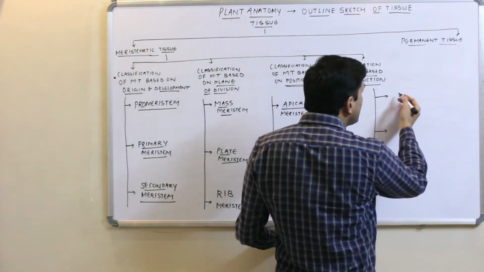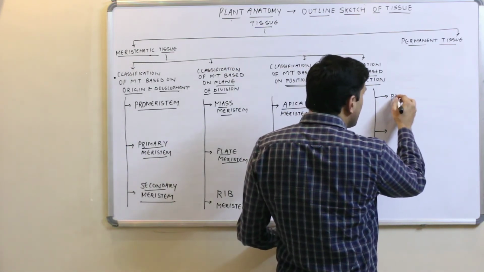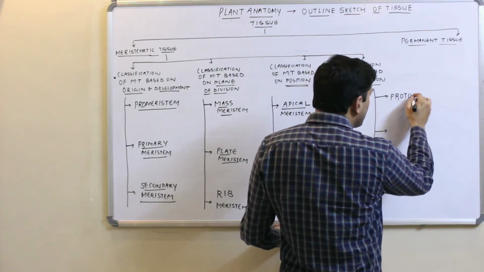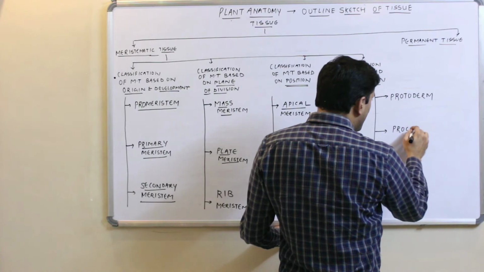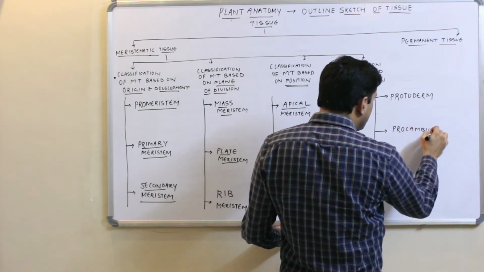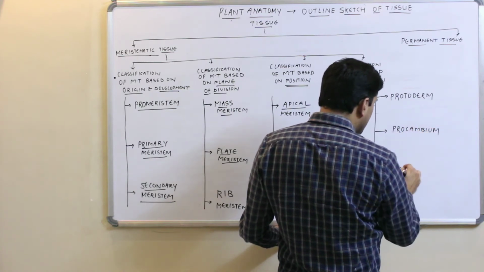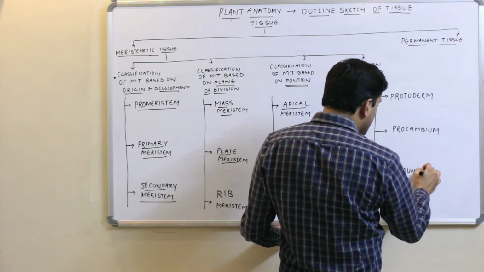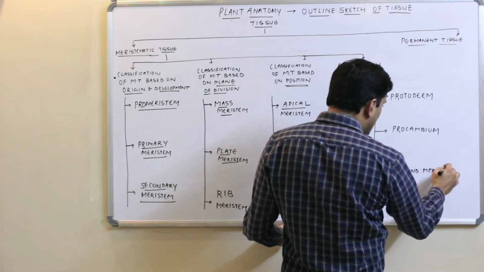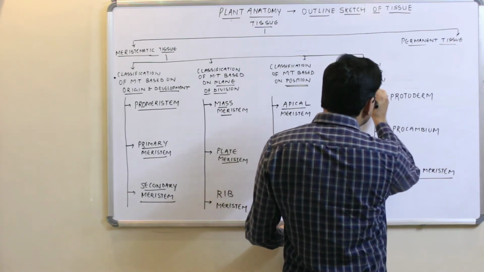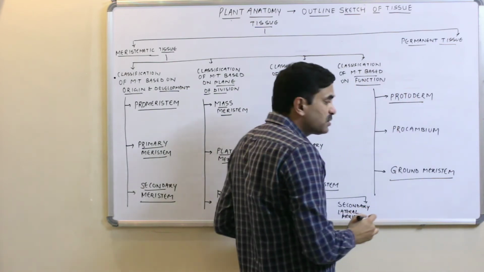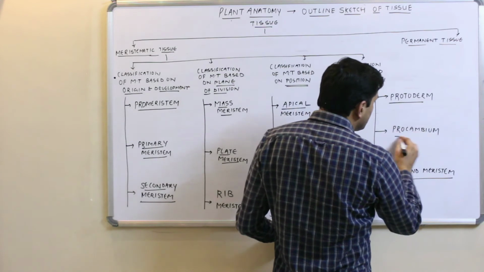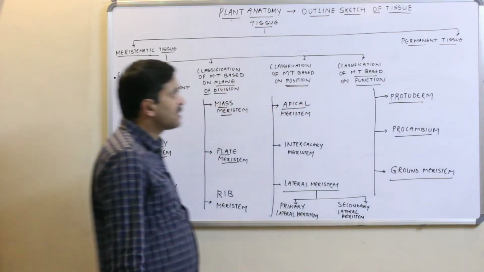Number one is known as protoderm, procambium and ground meristem. Alright. Based on the function, the meristematic tissue is classified into three categories: protoderm, procambium and ground meristem.